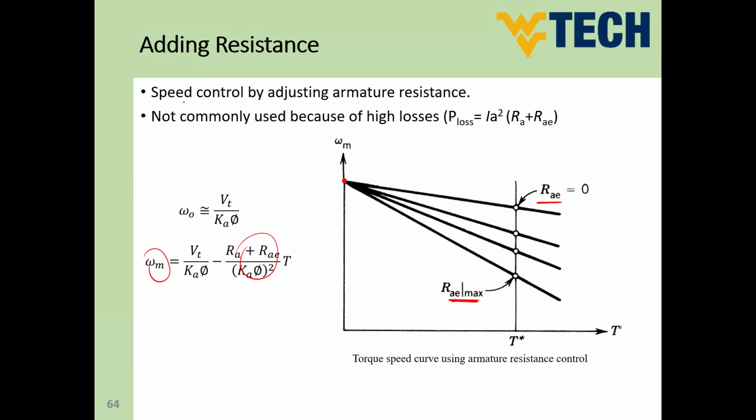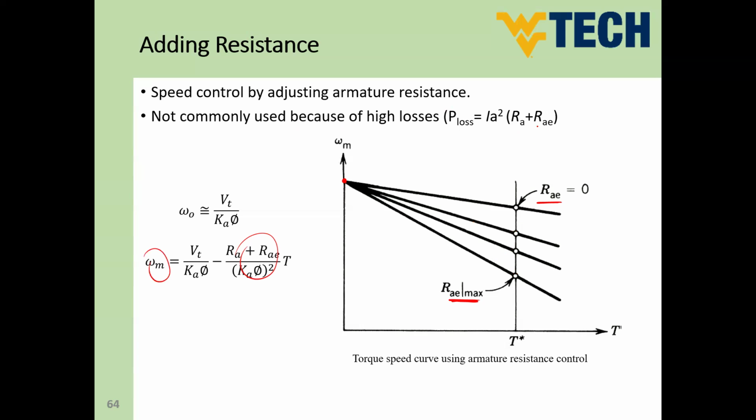As you can see here, guys, speed control by adjusting armature resistance is not commonly used because of high losses. If you have this resistance in your circuit, for sure you will have I square R losses during the speed control time. And speed control means it's long time operation.